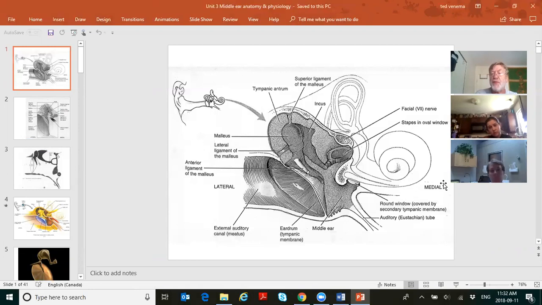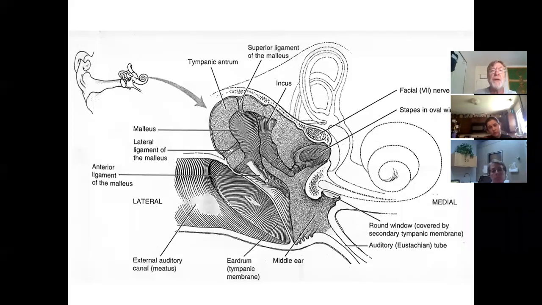Look at the shapes, and notice how the shapes differ. The malleus has two main parts: the hammer part and the manubrium. Notice how the manubrium is attached from the top of the eardrum just down to the middle, or the umbo.